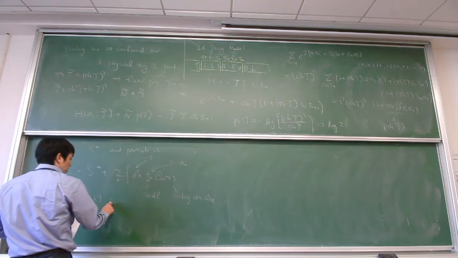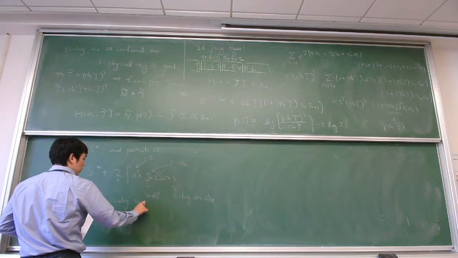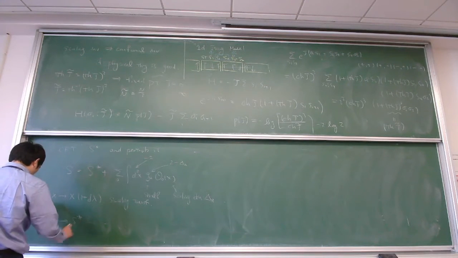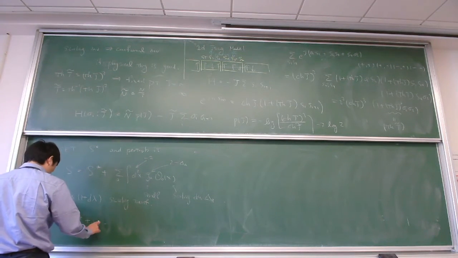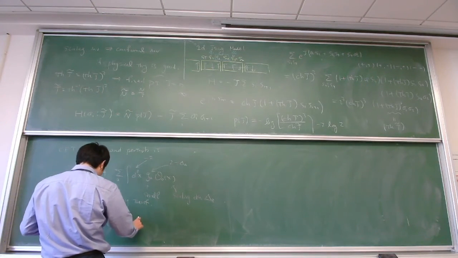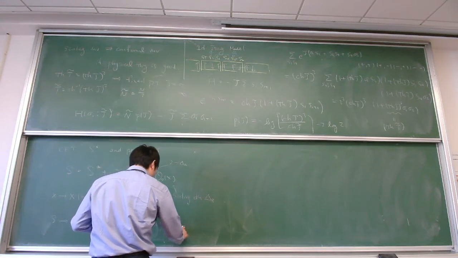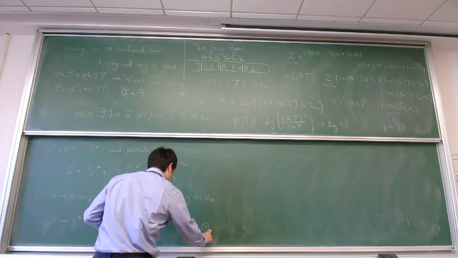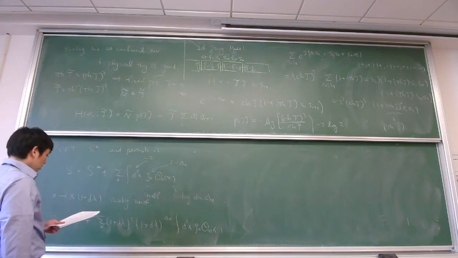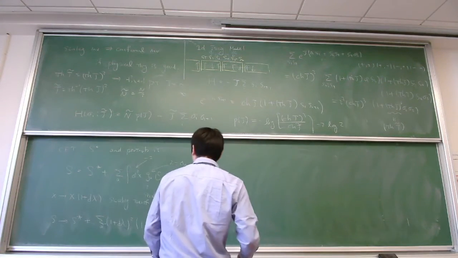Under the scaling transformation, this S is transformed as S star plus the sum over A of g_A, with the factor 1 plus d lambda. Like this way, and then we assume d lambda is very small.